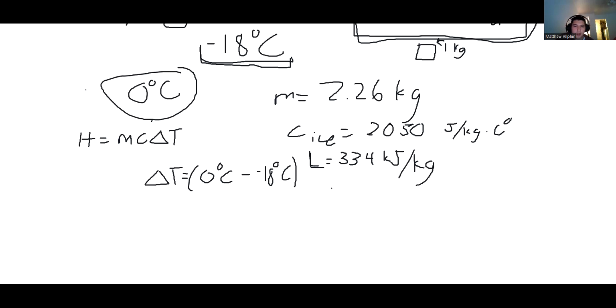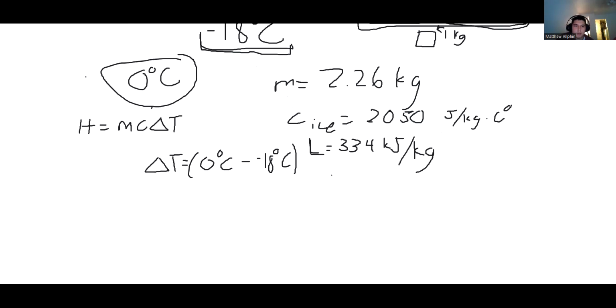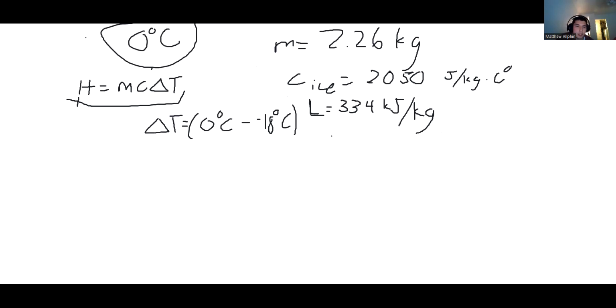So we'll use that later, but for now, we're just worried about this because we're working with this equation. So my total heat is going to be equal to the heat it takes to warm up the ice and the latent heat of fusion that comes from melting, so the heat it takes to melt the ice, right?